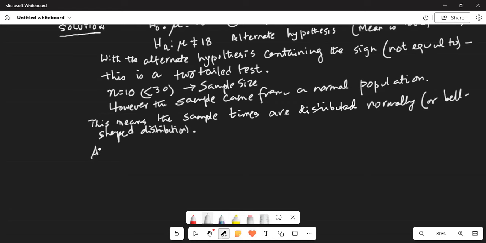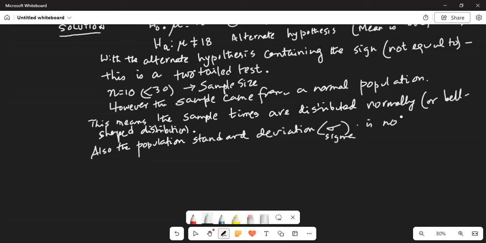Also, the population standard deviation, sigma, is not known.